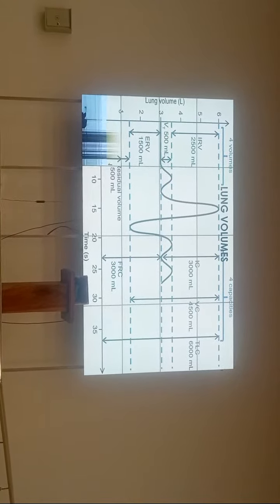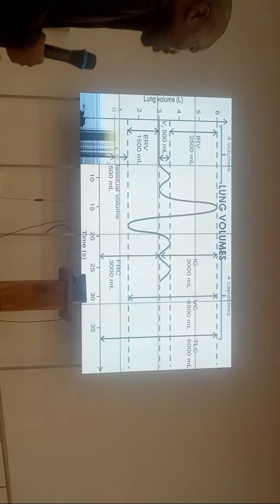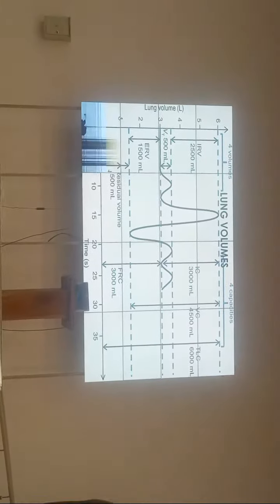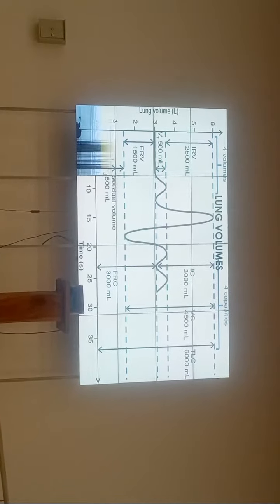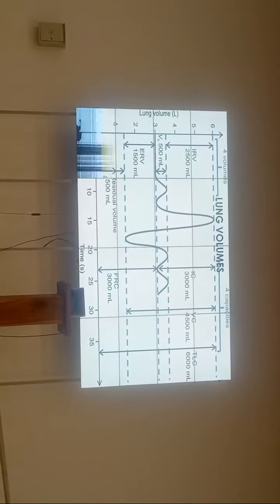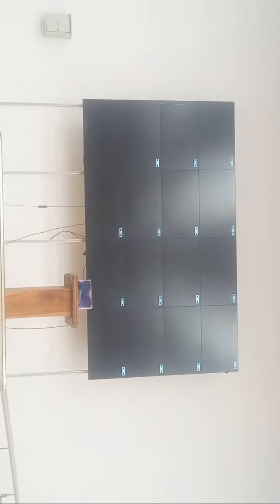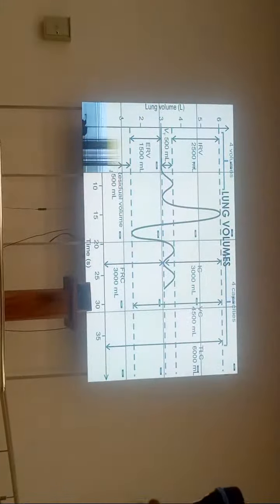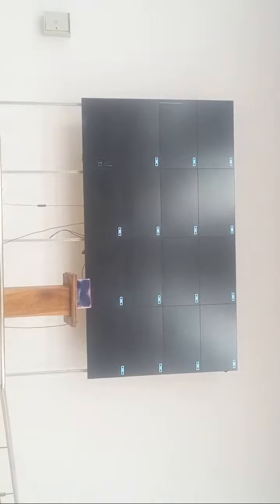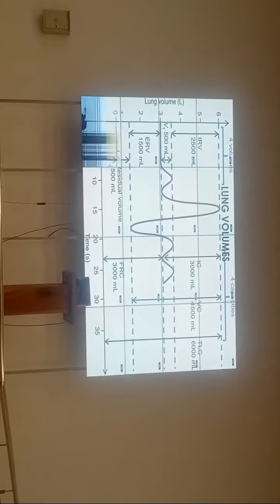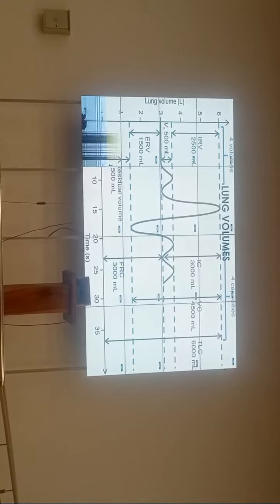Then you have these things which are called capacities. A capacity simply means we add up volumes. For example, if we add the inspiratory reserve volume and the tidal volume, we add those two volumes, you end up with what is known as the inspiratory capacity.